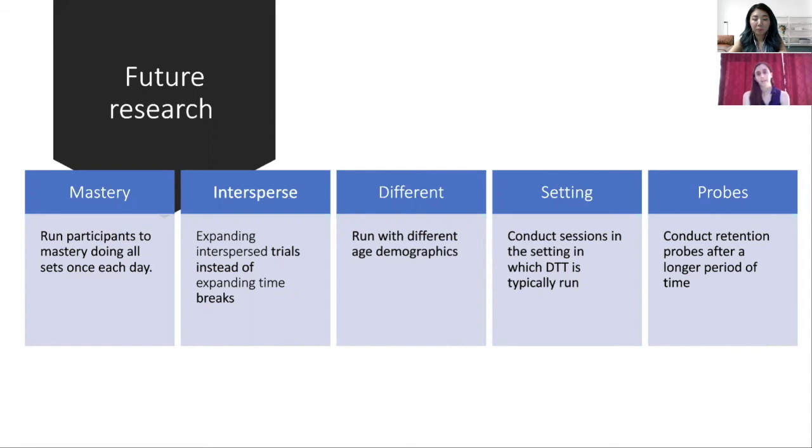Run with the actual demographic that may benefit from this, perhaps children with autism, and conduct the research in the setting in which the sessions would normally be run, as well as conduct probes over a longer period of time. It would be interesting to analyze the data and see if retention maintained after a week or 2 weeks or even a month for each type of set.